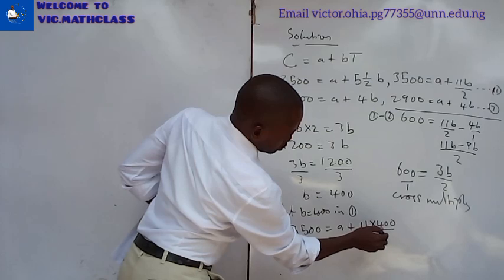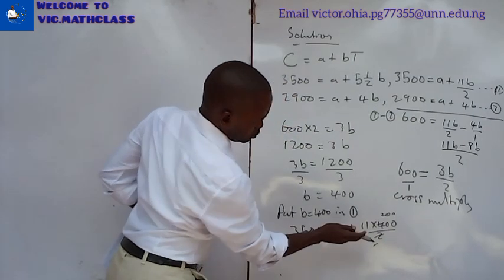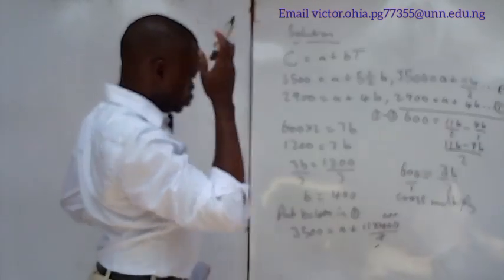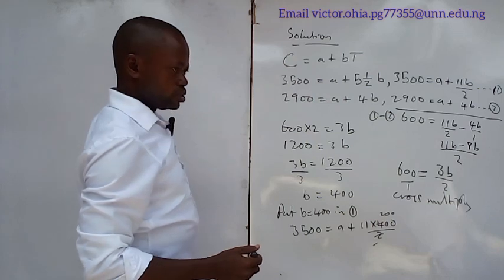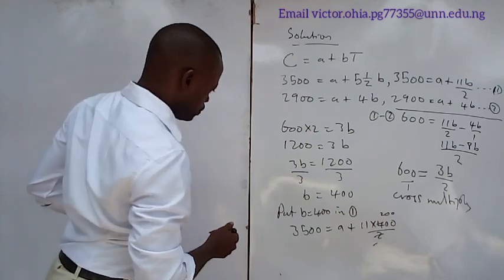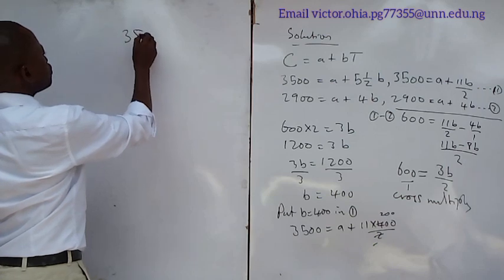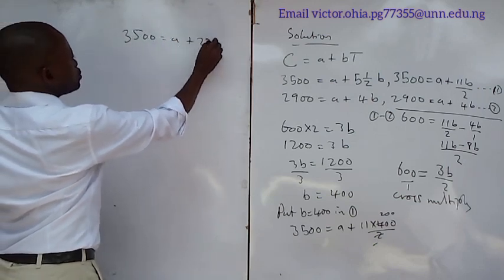Of course, the 2 cancels into 400 to give 200, so 11 times 200 will be 2200. So I have 3,500 equals A plus 2200.